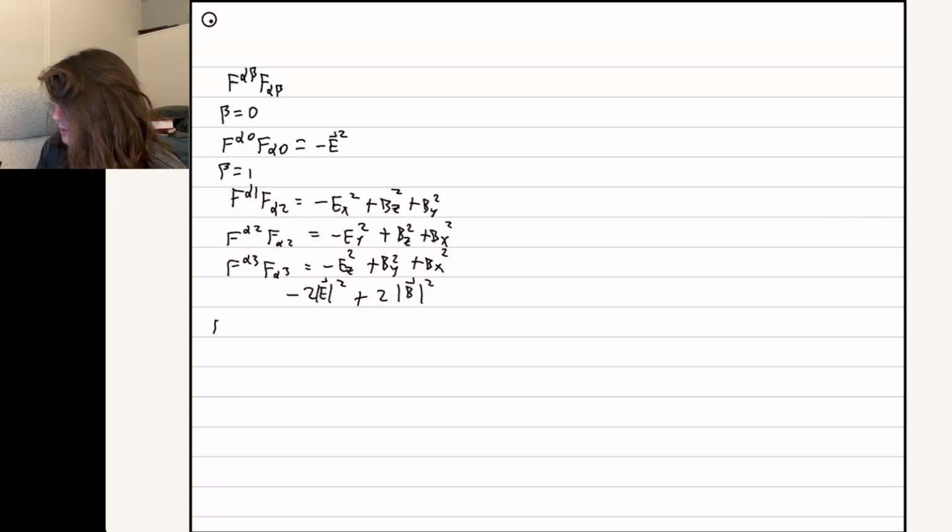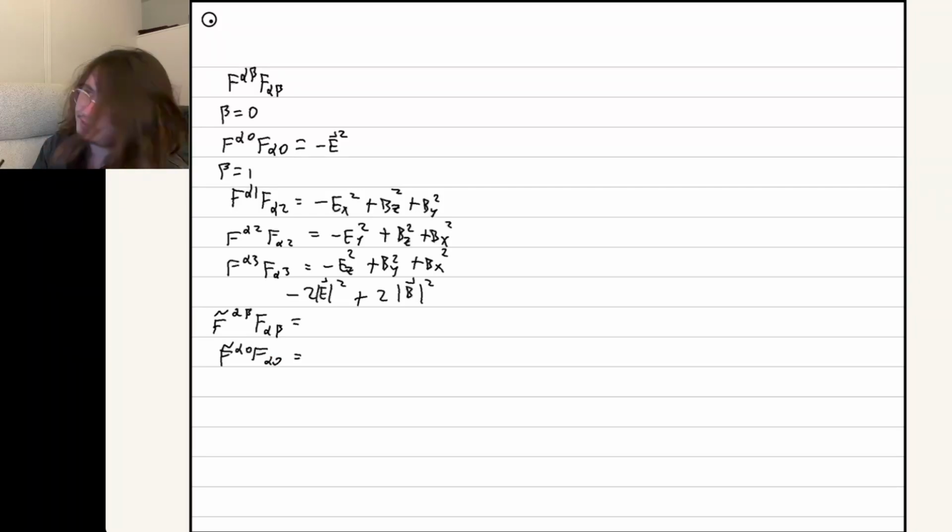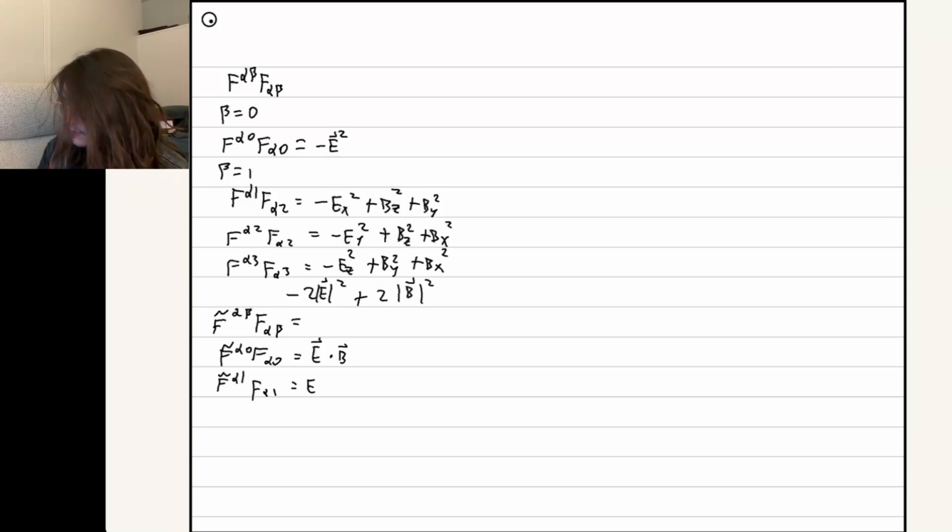The next invariant that we want to calculate is the dual strength tensor times the covariant form of the strength tensor, which is going to be just running down the first column. We have F tilde α0, F α0. The first column just gives you E dot B. The next one also gives you E dot B. I'm noticing a pattern here.